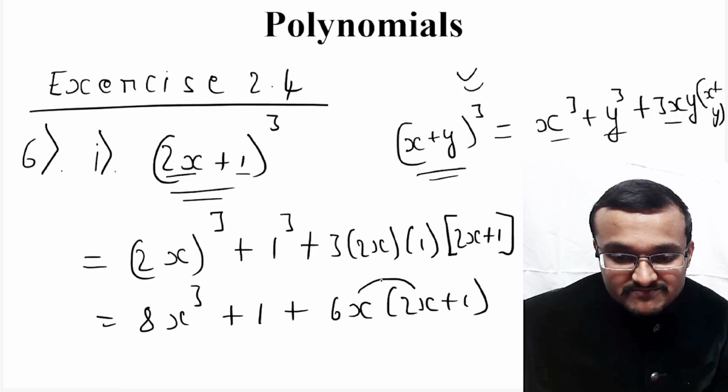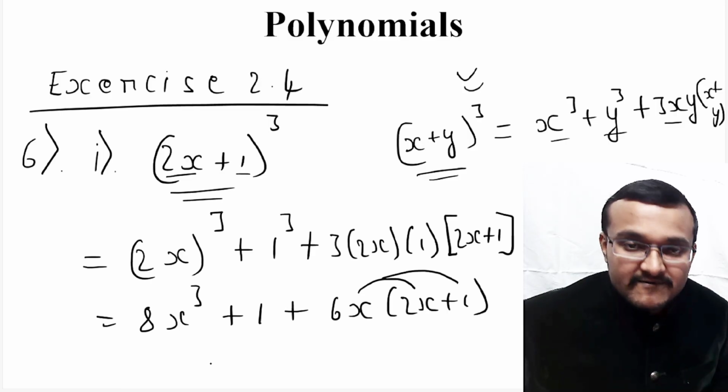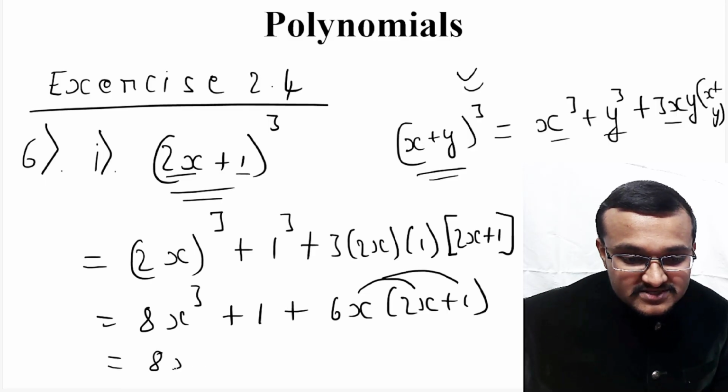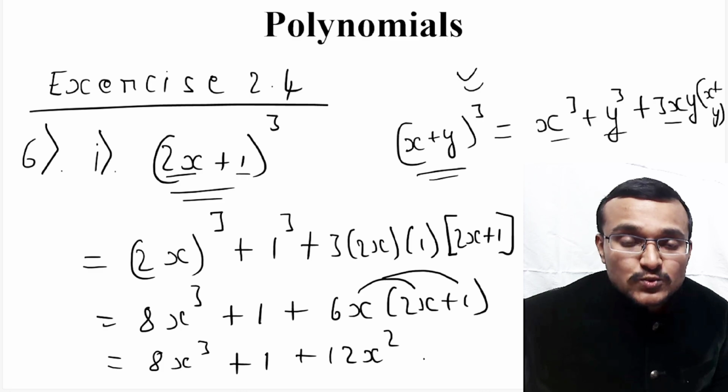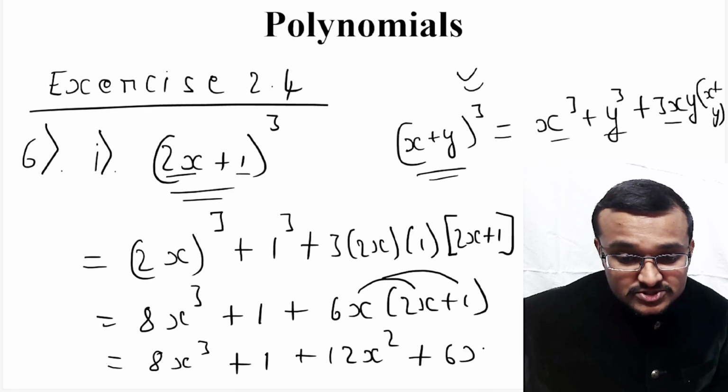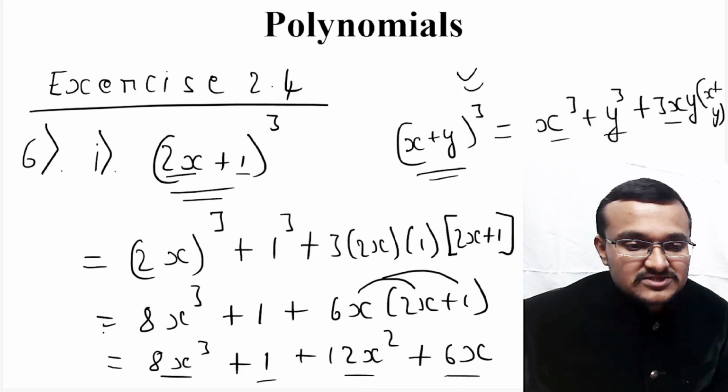Now 6x you have to multiply with 2x and also with 1. So 8x cube plus 1 plus 12x square plus 6x. So 8x cube plus 12x square plus 6x plus 1.